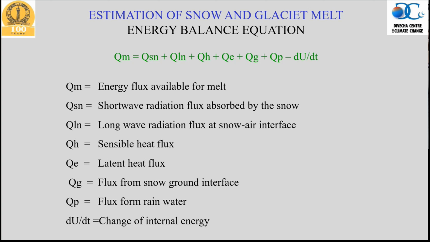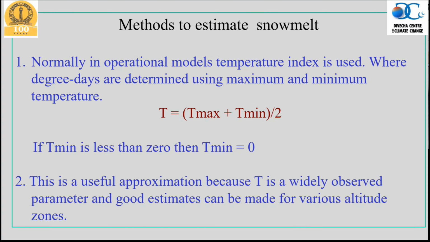All those parameters are generally not available in Himalayan terrain, and because of that, it is very difficult to apply this model in the Himalayas. But now a lot of satellite data is also available, so probably you can use some of those ideas. Otherwise, people have tried to use the temperature index.